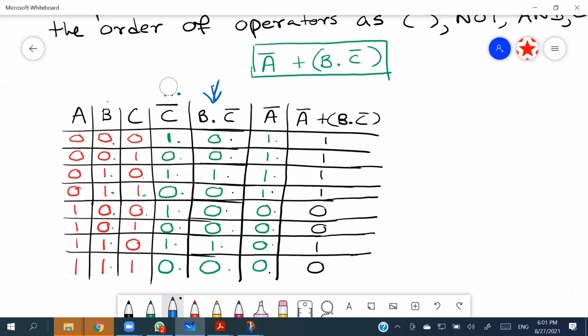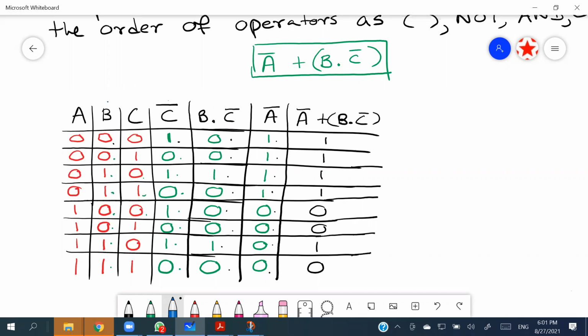So column A has 4 zeros and 4 ones. So column A bar is going to have 4 ones and 4 zeros. So zeros become ones, ones become zeros when it comes to the complement or the bar scenarios, right?